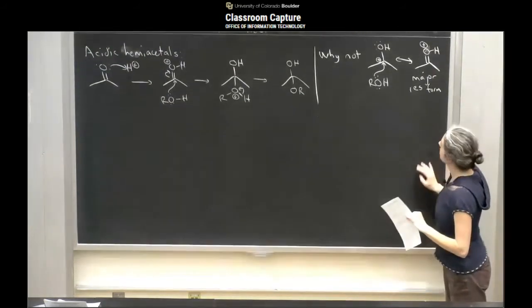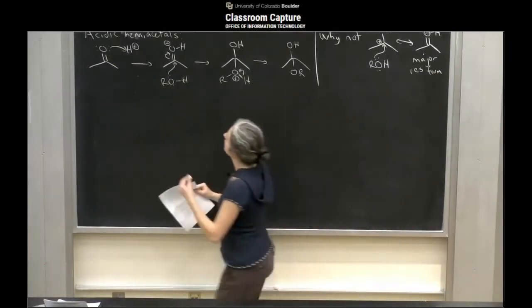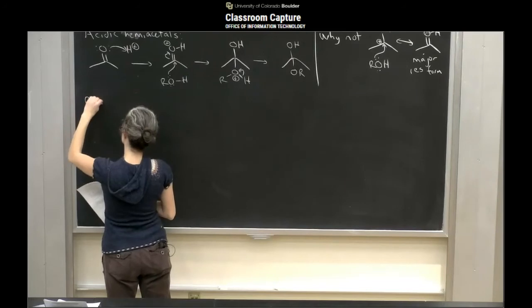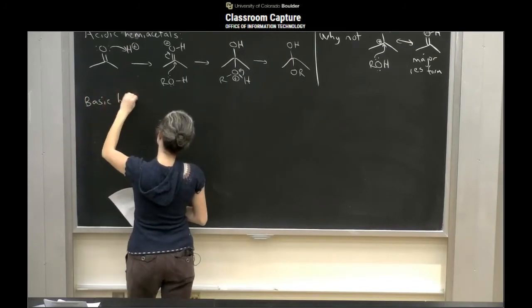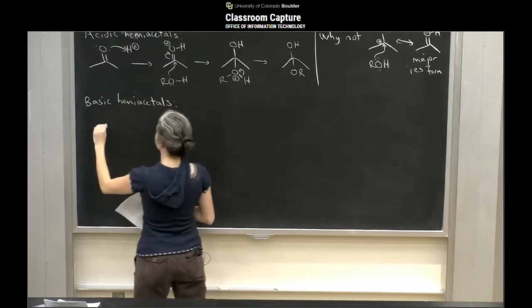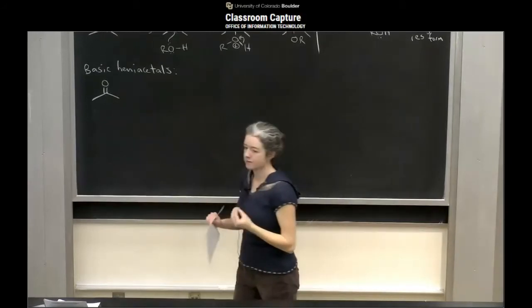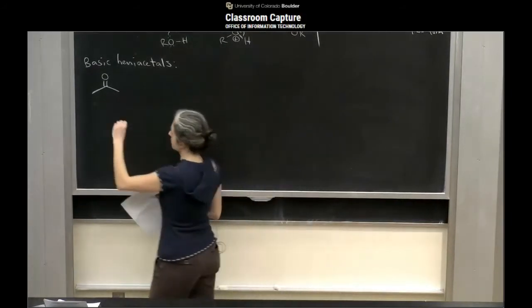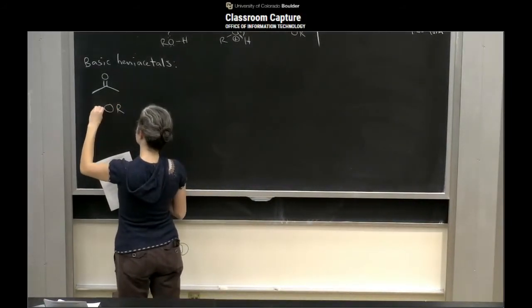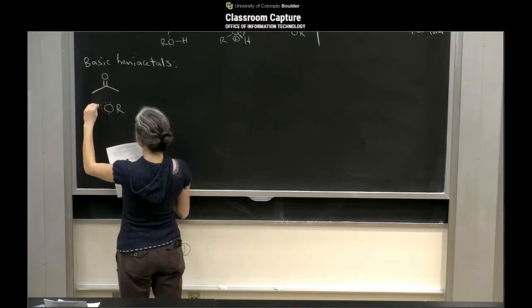Alrighty, so that's in acid. In base, for this one, instead of OH minus like we did for hydration, we're going to use OR minus and just go straight in for the attack.